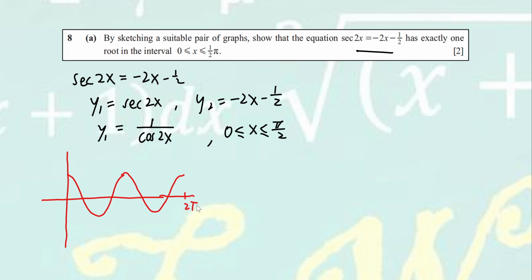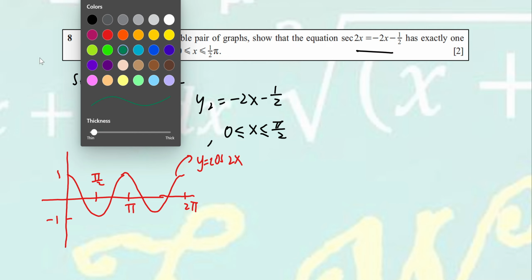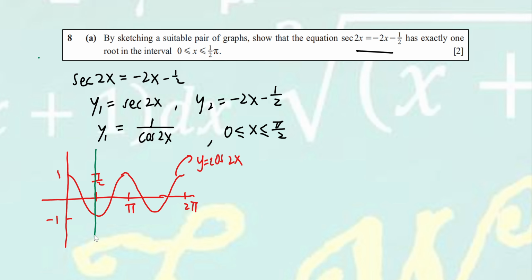Here is 2 pi. And this is half pi. This is minus 1, here is 1. This is your cos 2x. But since now we just sketch the graph from 0 to half pi, I will just consider up to here. Okay, this is the graph that I'm referring to.